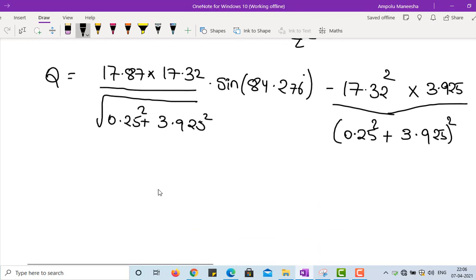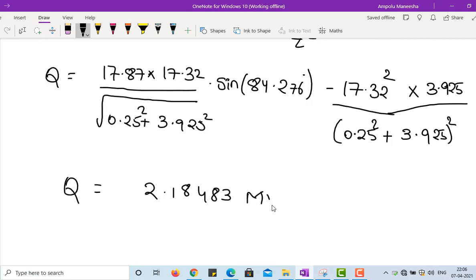So, if we simplify this expression, we will get the reactive power received is 2.18483 MVAR. This much of reactive power is received by the load.